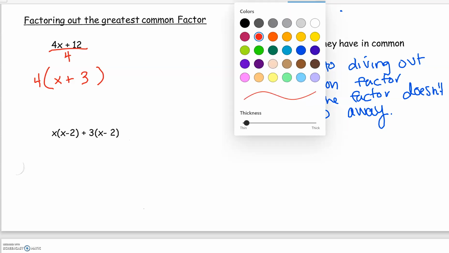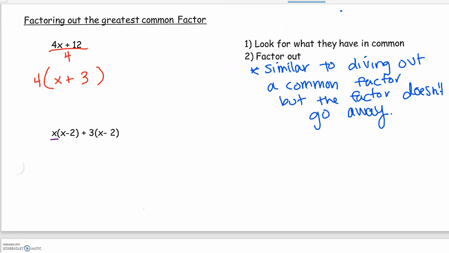On this next one, we look and see what do they have in common. So it looks like they both have that x minus 2 in common. So we're going to put these together, and then they both have that x minus 2 in common. Or we can put that in front if that makes more sense.